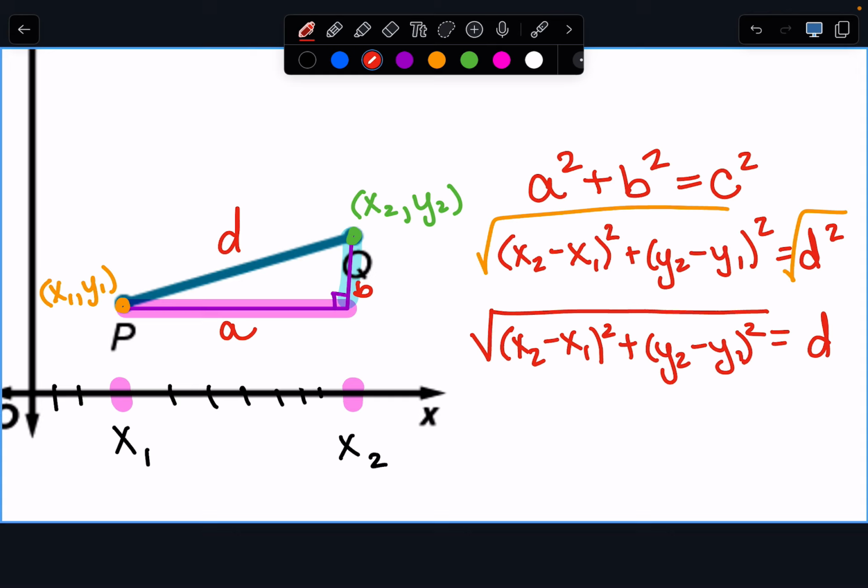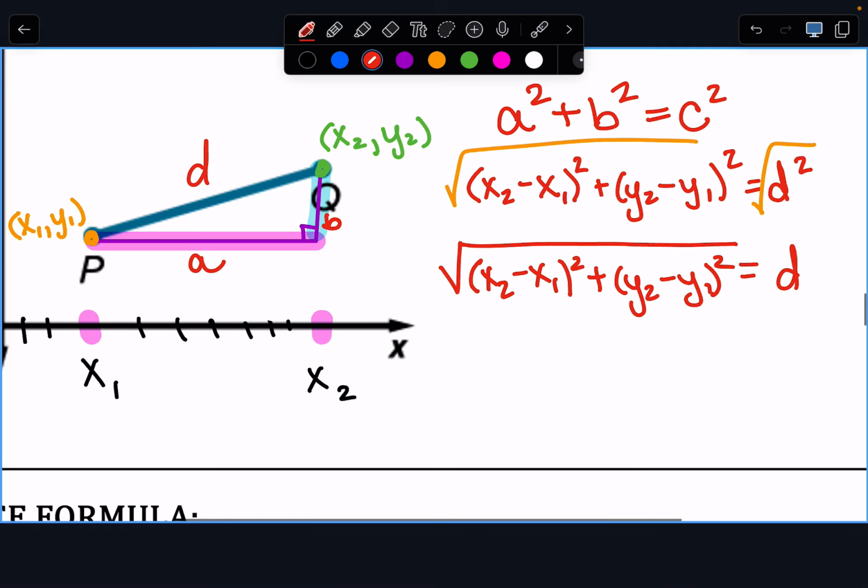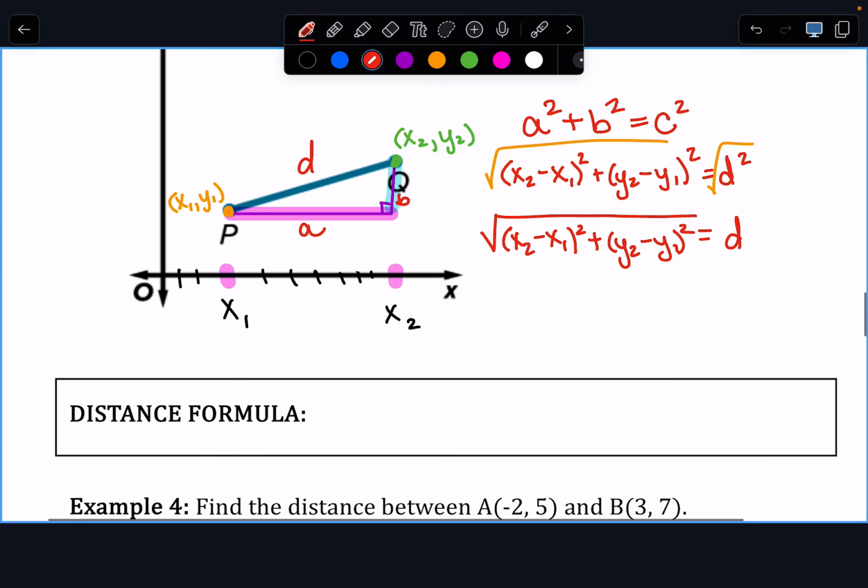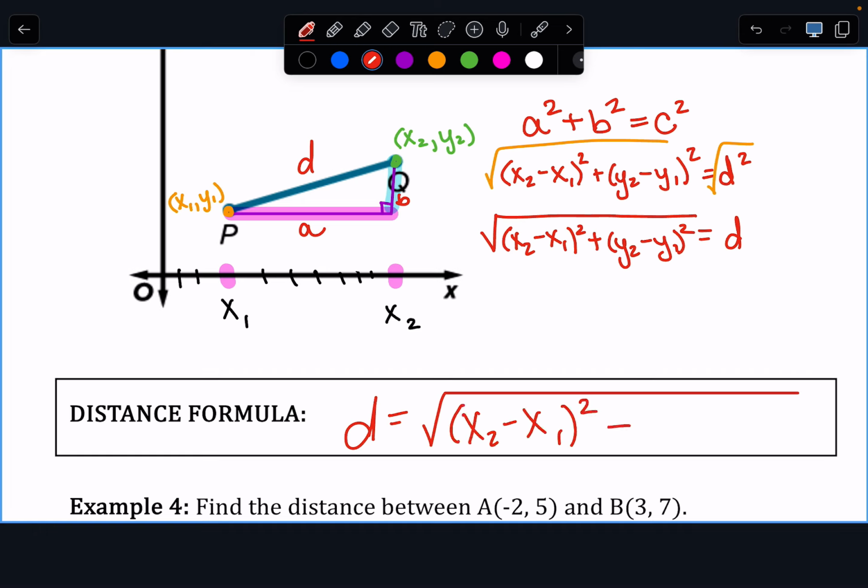Here's the deal. This is how the formula comes to be, okay? The distance formula is just an application of the Pythagorean theorem, okay? When I ask you to find distance, the distance formula is the square root of our x's subtracted squared plus our y's subtracted squared. And that's it.